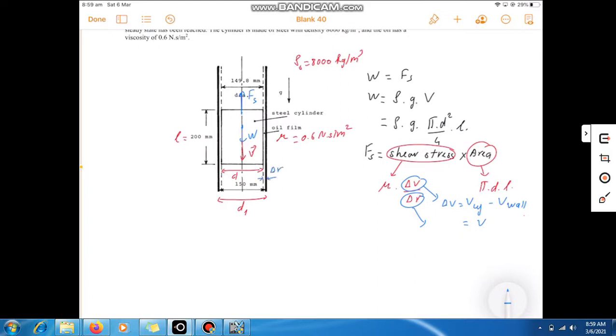Delta R is the distance between the cylinder and the wall, so delta R will be equal to (d1 minus d) over 2.